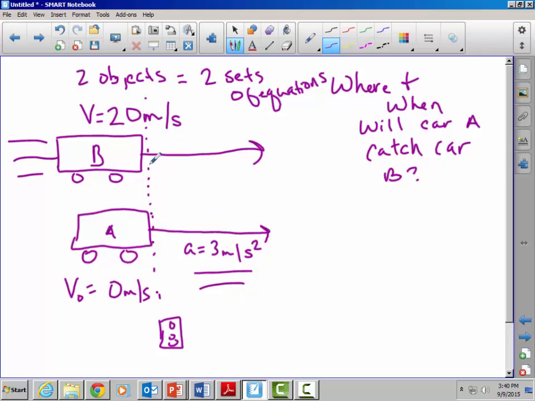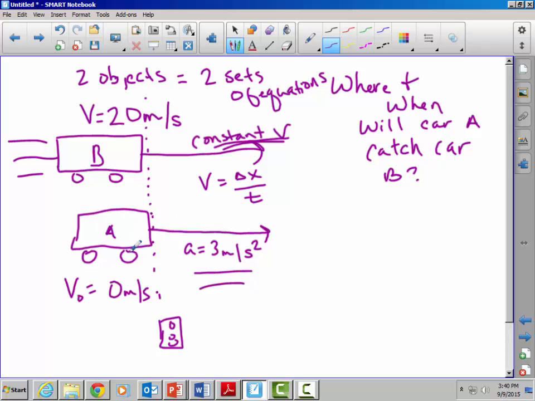For the first guy here, he is moving at a constant velocity. So if we have a constant velocity, we only have one equation that will work for that object, and that is our constant velocity equation.